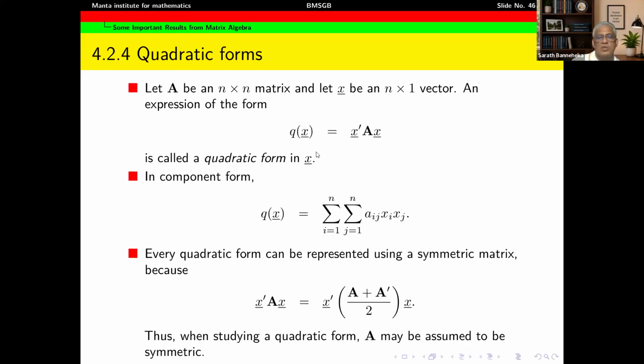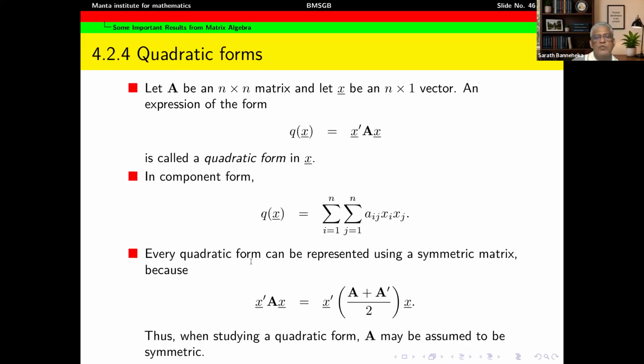Then by expanding, Qx is equal to this expression where all the terms are quadratic terms in the x's. That means you can have x1 square, x2 square, x3 square, that kind of square terms, and then all the pairwise product terms. So that's what you call a quadratic form, right?